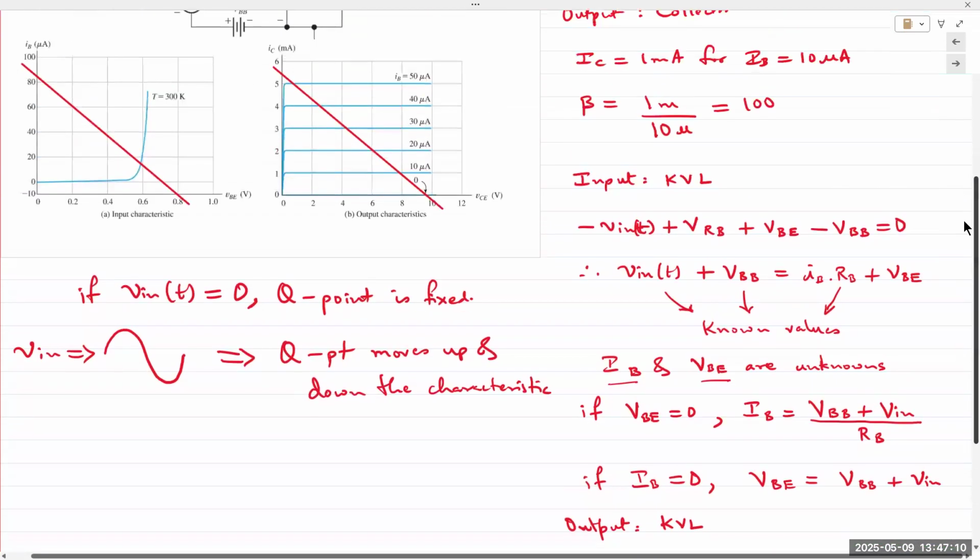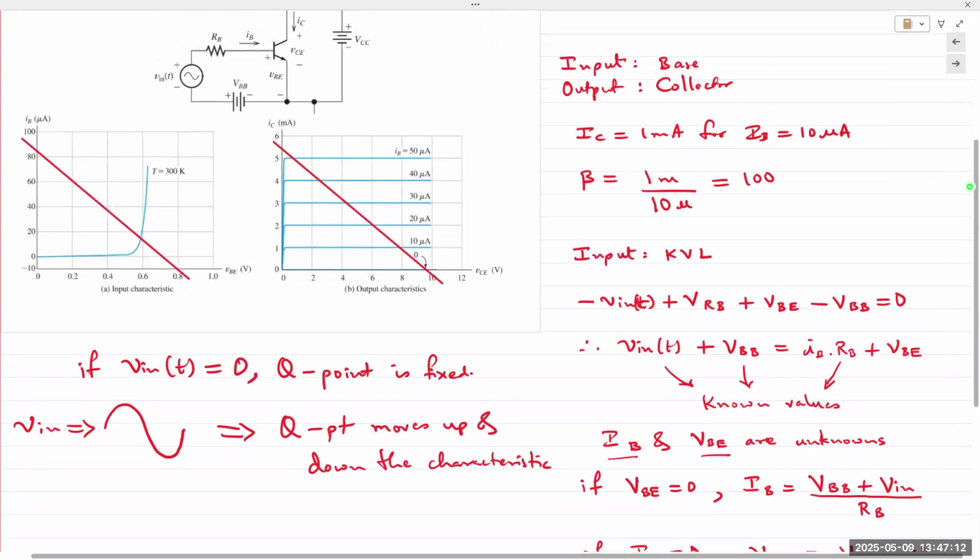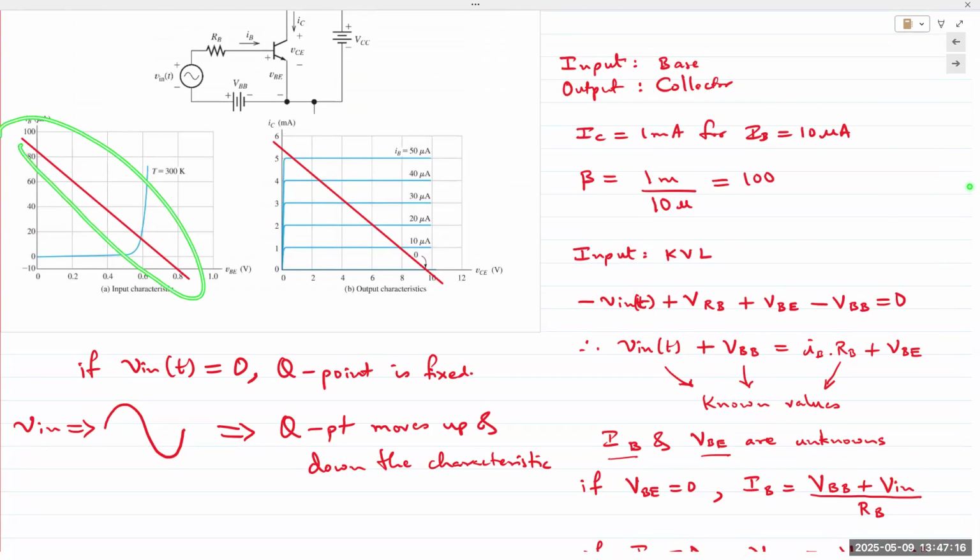On the input side, if there is no AC signal applied, we have this load line, right? The Q point is fixed due to the DC. Then if we apply a small AC signal on top of our DC input, which is our V in of T, then our load line is going to shift up and down based on the input signal.